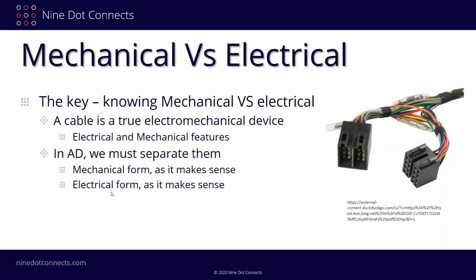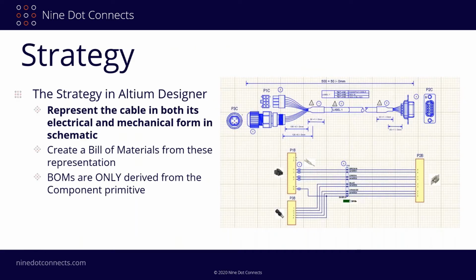So what I want to show you over here is the design that I created. I took a bunch of parts and I drew this thing up over here. And the reason I wanted to show this to you is because we need a strategy. And one of the things hopefully you see immediately off the bat here is that we do separate the mechanical side from the electrical side. Trying to combine these together will not work, especially if you have a ton of wires, right? This is a simple design.